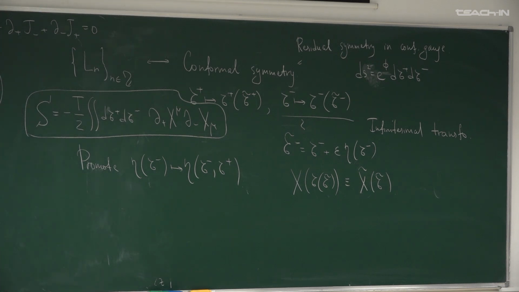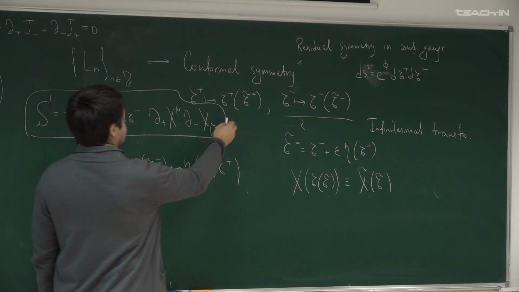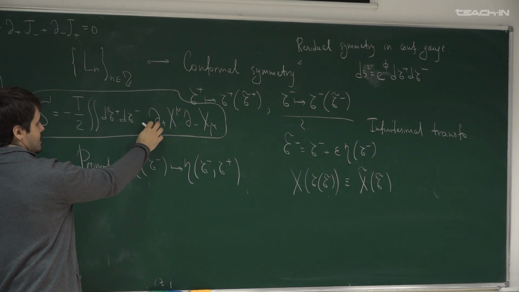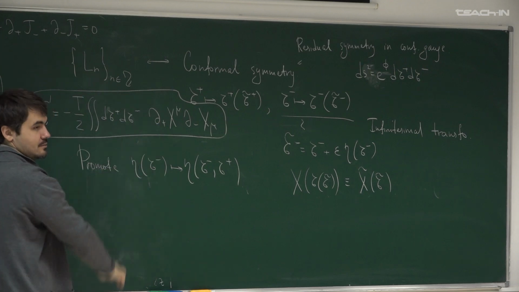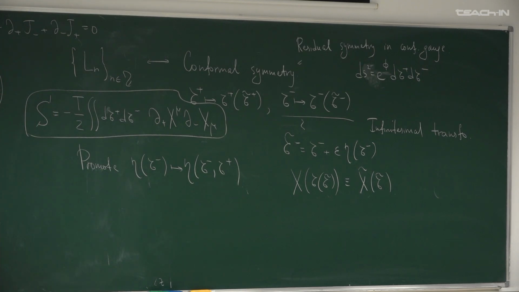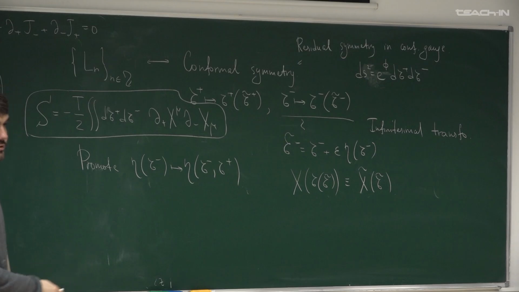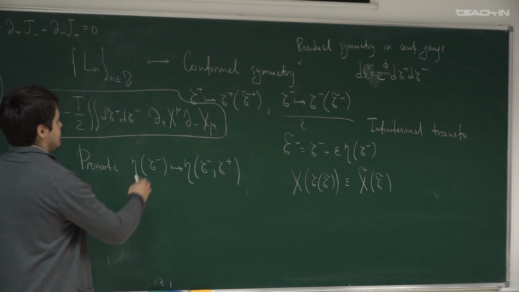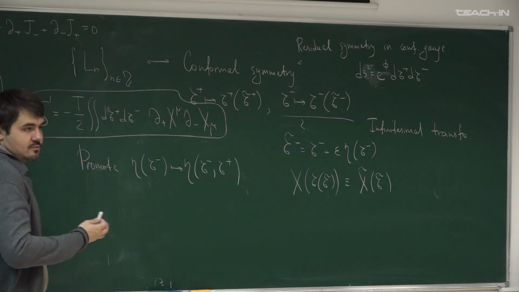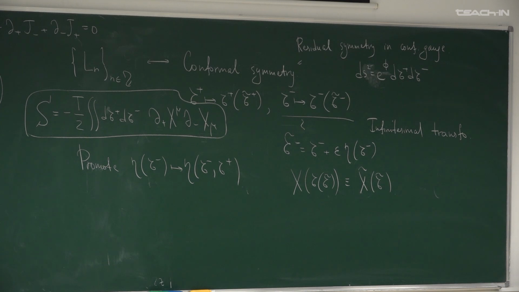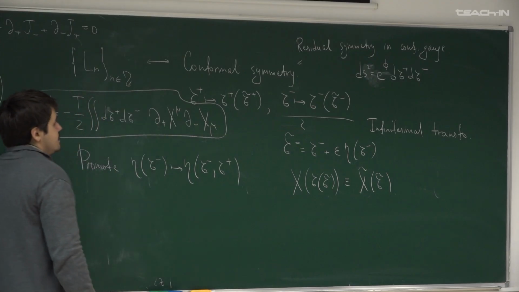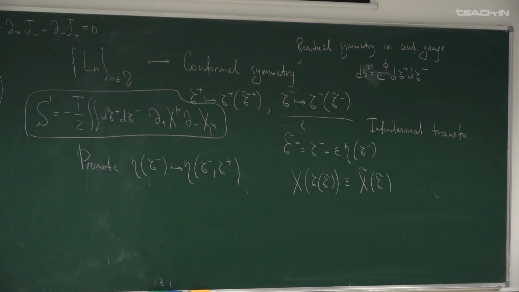So it should be clear that this is invariant with respect to these transformations, because the Jacobian coming from the derivative cancels against the Jacobian coming from the measure. Similarly for sigma minus. It's a general property of such systems. So this is a free massless field. So typically such systems have conformal symmetry in them, by the same logic, at least classically. So this is a free classical sigma model, and classically such systems have conformal symmetry.